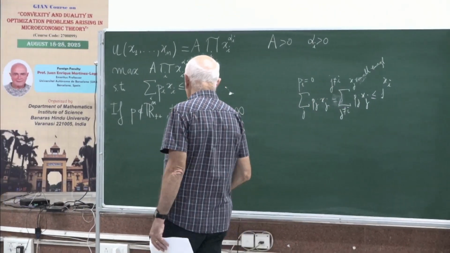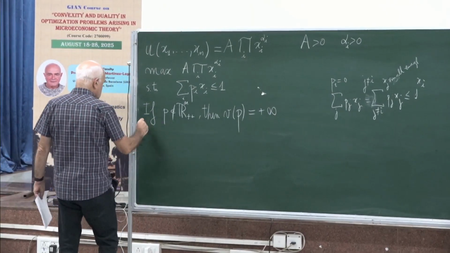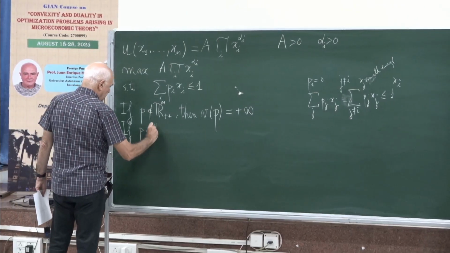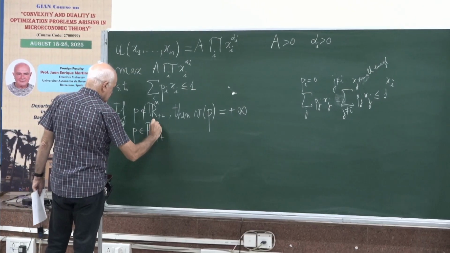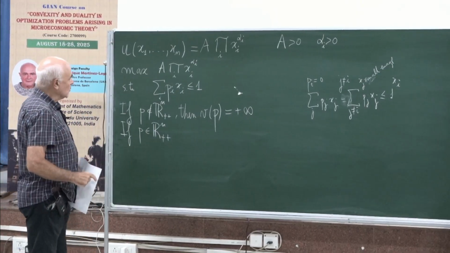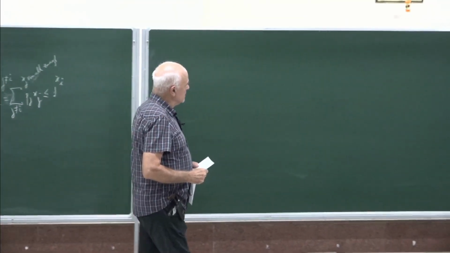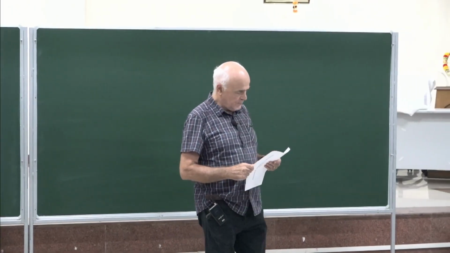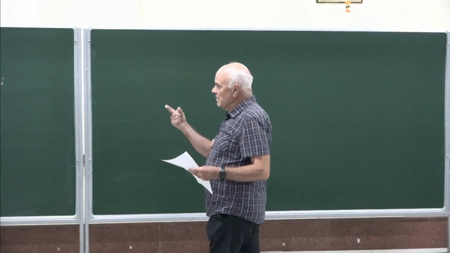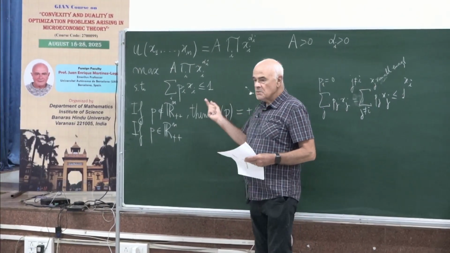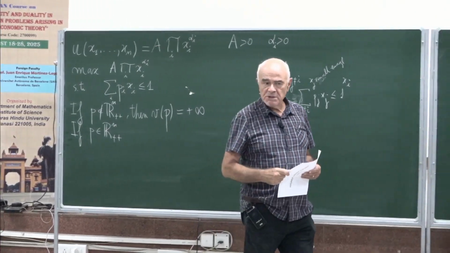Then consider the interesting case, which is when p is in R plus plus n. All components of p are strictly positive. Then let us solve this problem by considering the Lagrangian function associated to it.